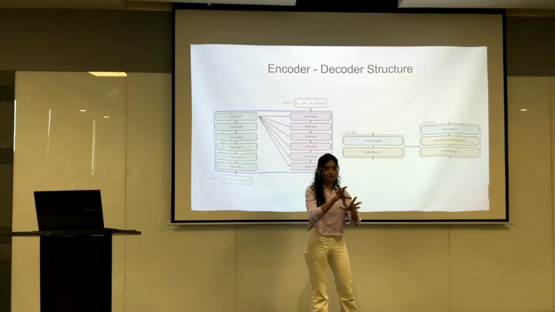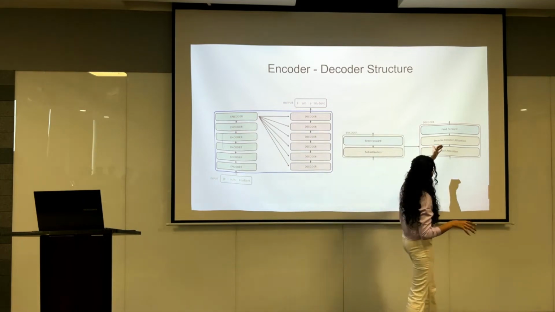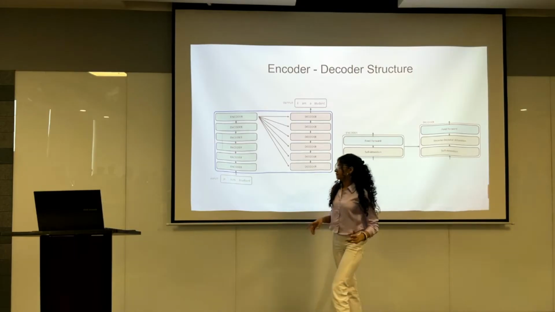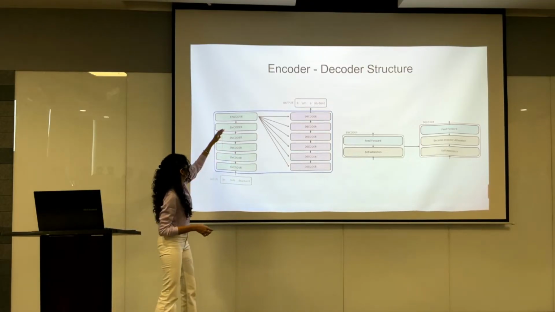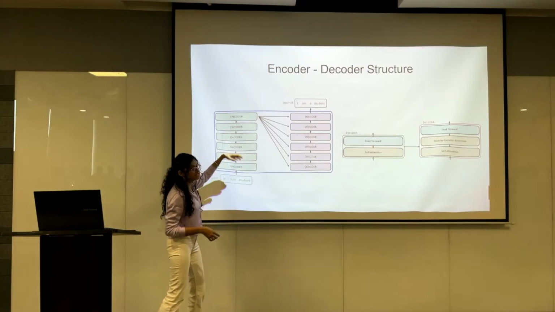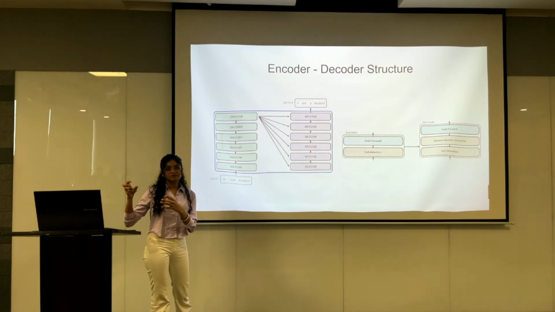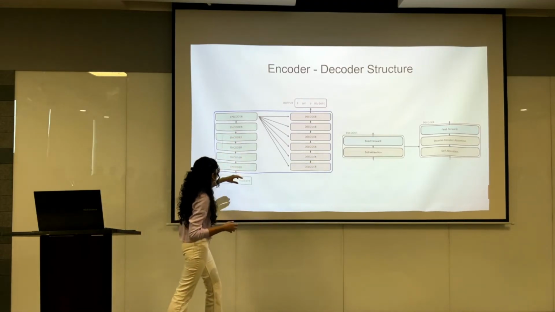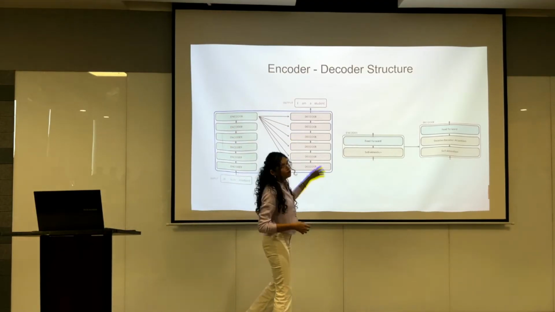Feed-forward is simply a neural network that I already talked about. In the decoder, we have self-attention, encoder-decoder attention, and feed-forward. We took the input and passed it to the encoder stack, which had 6 layers, a number taken with a lot of experimentation, and then to the decoder, and then we got the output.